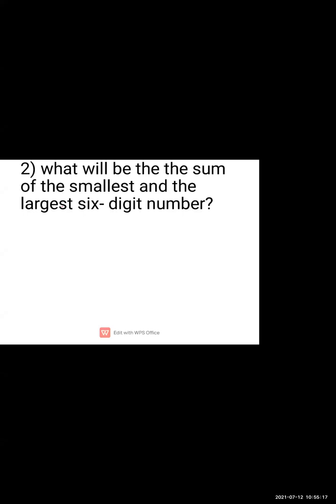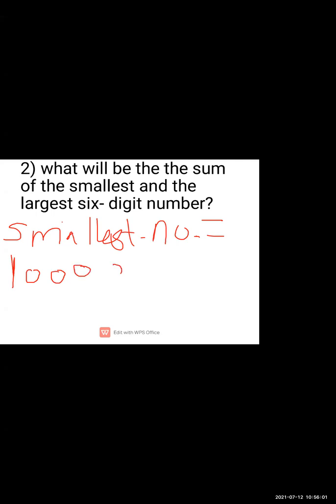First, what they have asked is the smallest, so you will write the smallest number here. The smallest number will be what, among 6-digit numbers? That is 1 lakh. If even one number goes below 1 lakh, it becomes a 5-digit number. So the first number that starts a 6-digit number is 1 lakh.